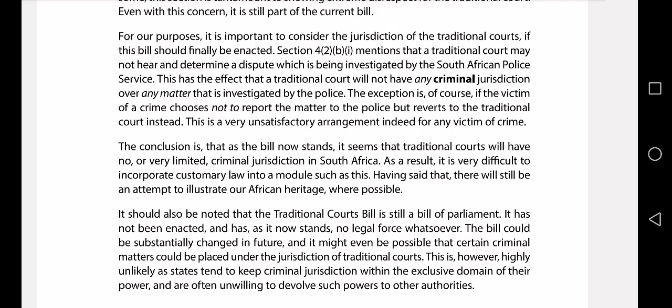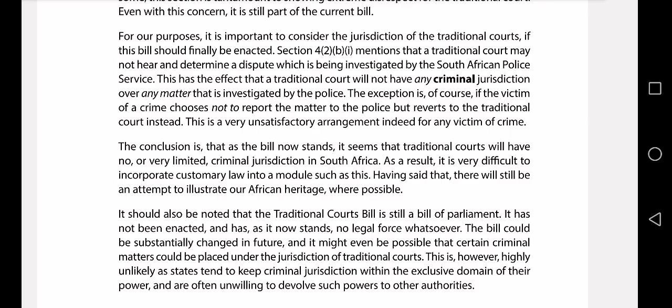For our purposes, it is important to consider the jurisdiction of the traditional courts. If this bill should finally be enacted, Section 4, subsection 2(b)(i) mentions that the traditional court may not hear and determine a dispute which is being investigated by the South African Police Service.